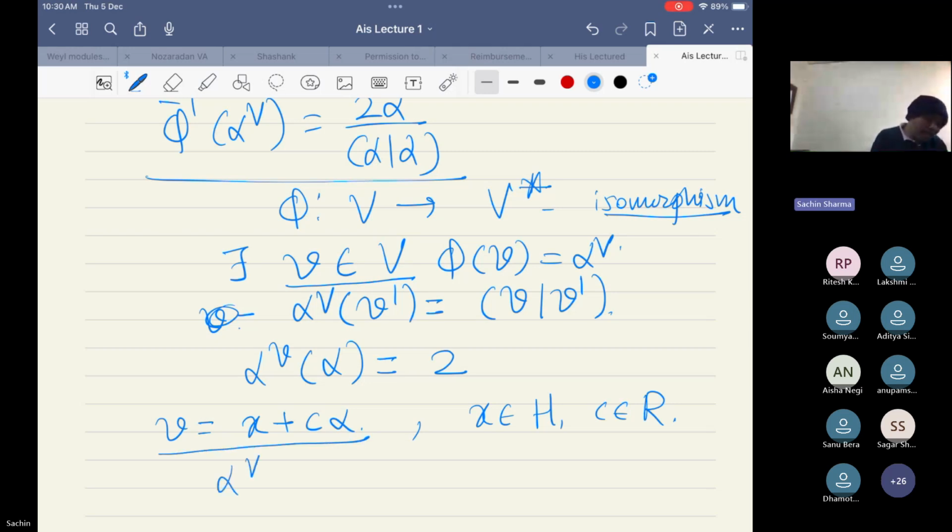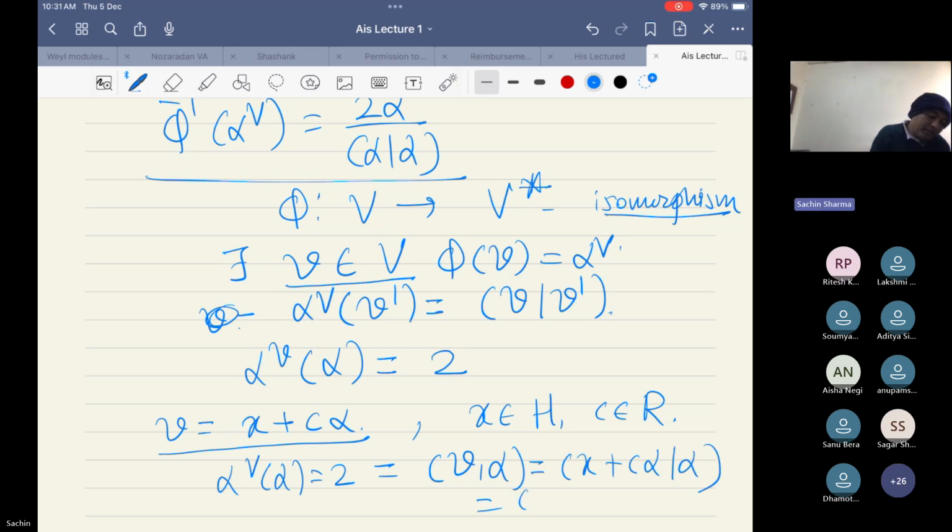So alpha check of alpha, which is equal to 2, is nothing but (V, alpha). This is nothing but (X plus C alpha, alpha). Okay, but (X, alpha) is 0, as X is in the hyperplane. This is nothing but C times (alpha, alpha), which is equal to 2. So what is your C then?